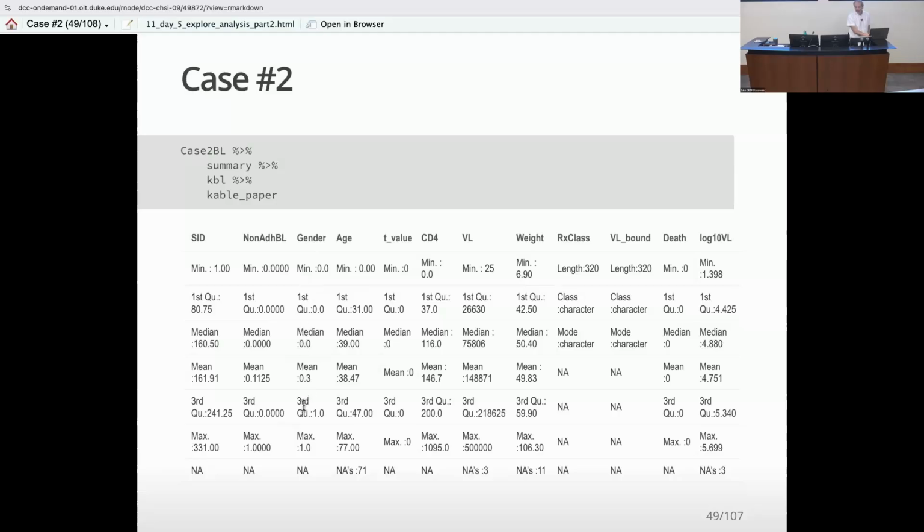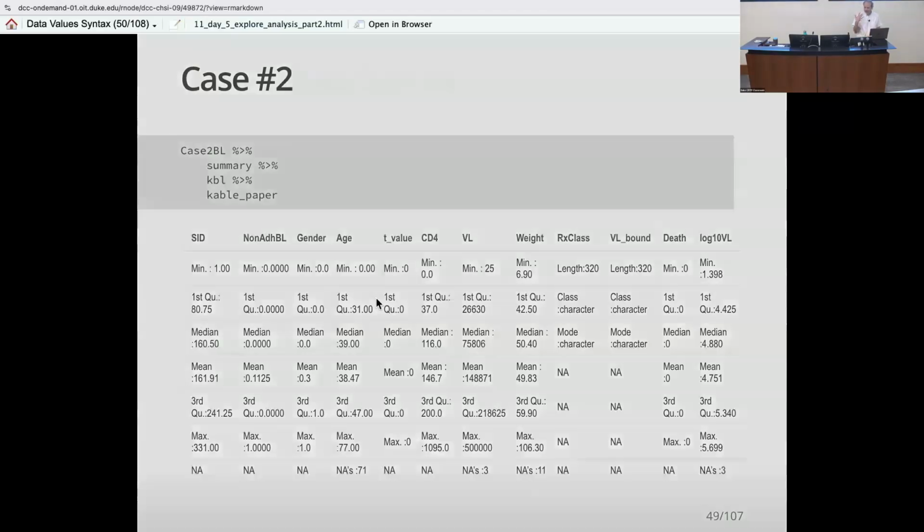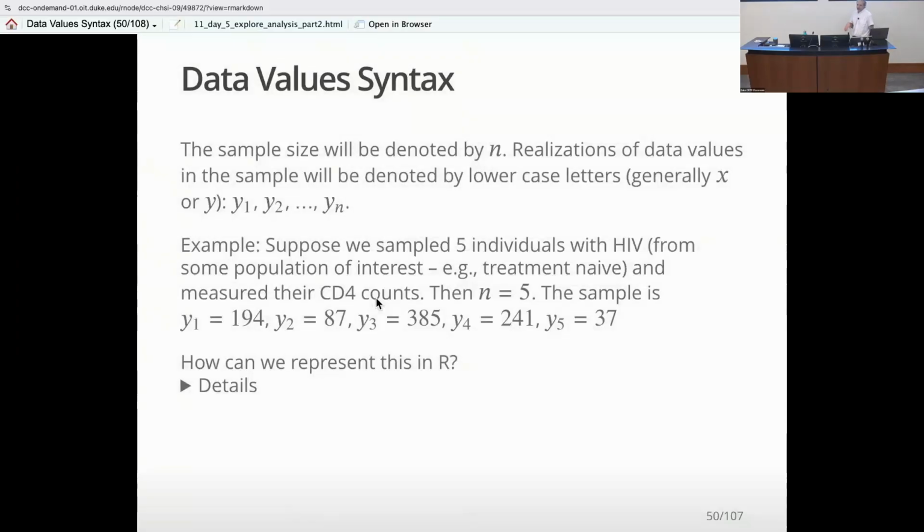Gender is giving us, again, R deciding to give us summary values that are not very meaningful, because we know this must be categorical. But we can see things like weight and age that do have meaningful summary values.